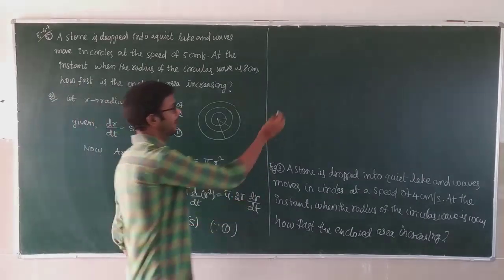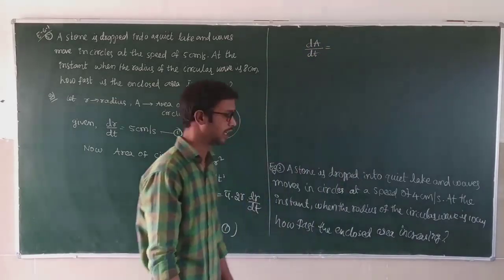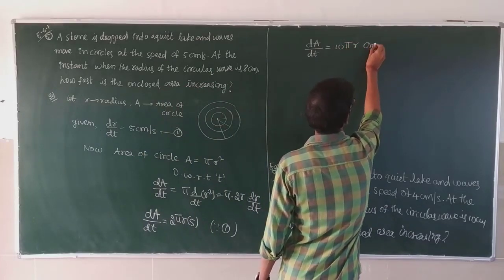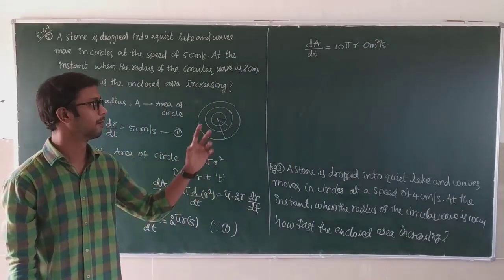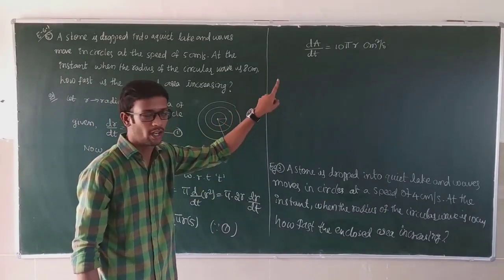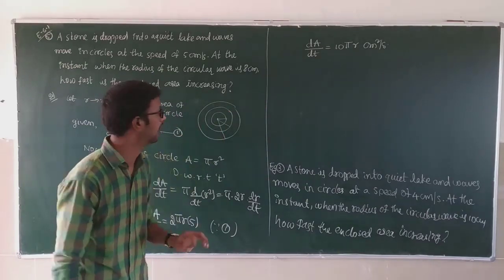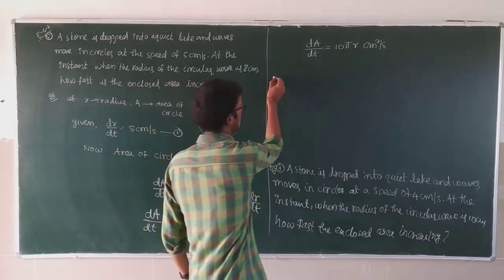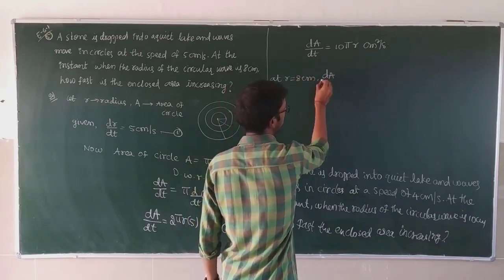Now I can write dA by dt is equal to 10 pi r centimeter square per second. Why? Because area is in square centimeter per second. The increase of area with respect to time is 10 pi r centimeter square per second. But at radius 8 centimeters, we have to find the rate of change.